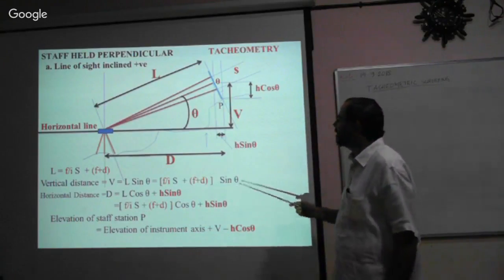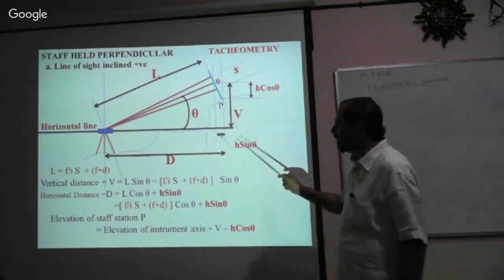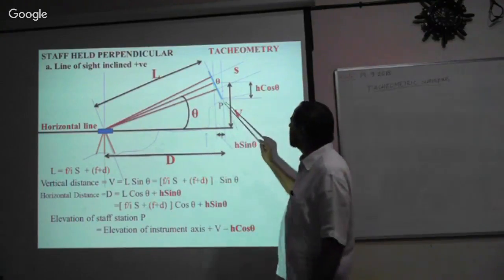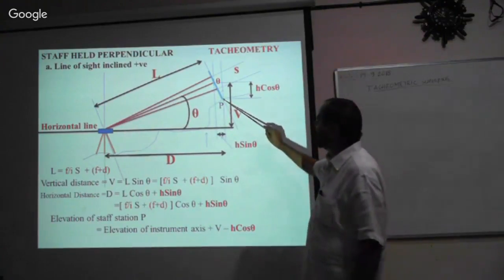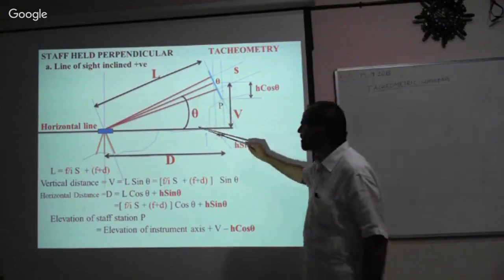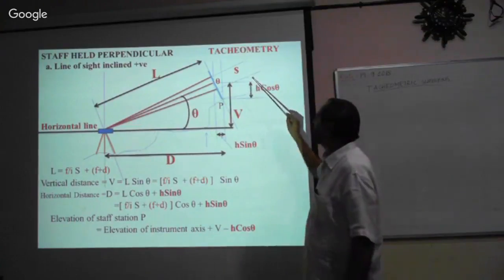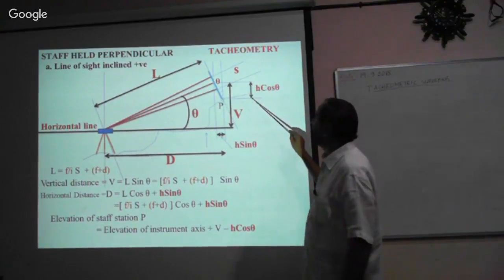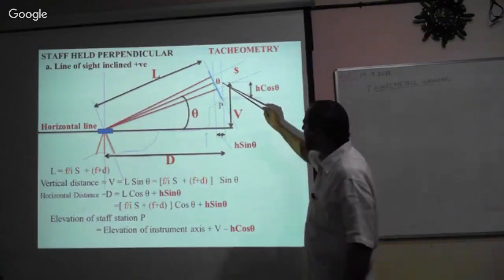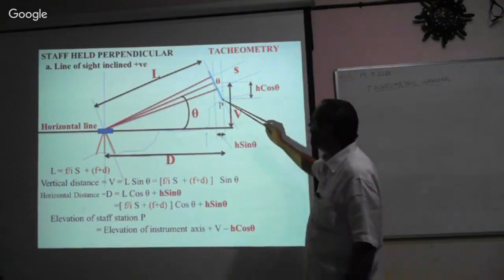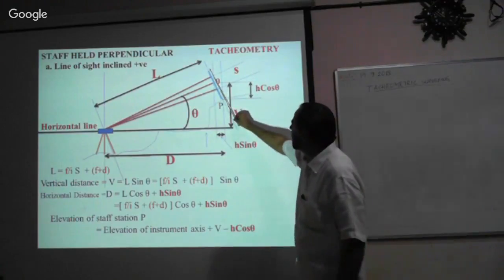Distance is calculated, elevation is also calculated. Then the elevation of P is equal to the elevation of the instrument axis plus V minus H cos theta. Isn't it? Now this is H sin theta and this is H cos theta. It is the vertical distance, isn't it? This is the inclined distance, isn't it?